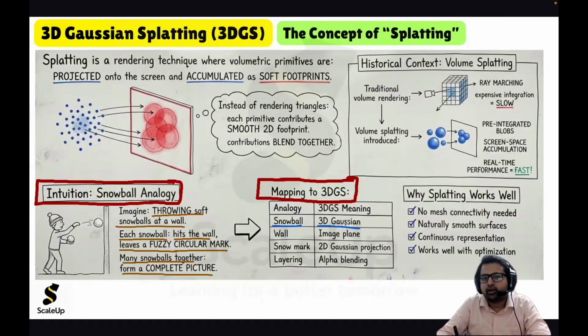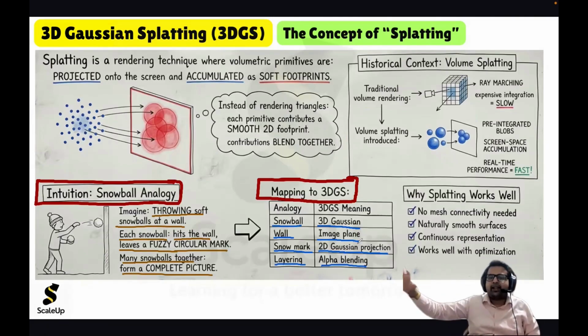Here, the snowball is the 3D Gaussian, the wall is the image plane, the snow mark is the 2D Gaussian projection, and layering is the alpha blending. Because in 3D Gaussian splatting, we have a 3D Gaussian and we are projecting it on the screen. So the screen, the wall, is the image plane, the mark is the 2D Gaussian projection, and layering is the alpha blending. That is what we do.